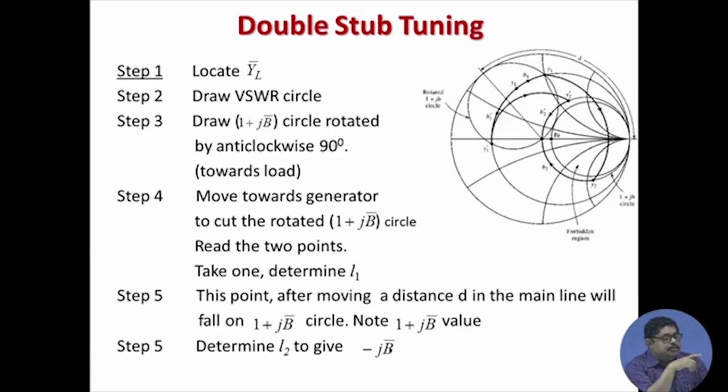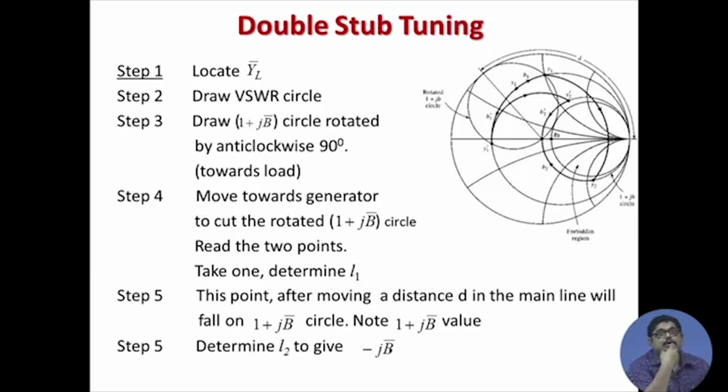This point after moving a distance d in the main line will fall on the 1 plus jB circle, note the 1 plus jB value. So, your second stub will be the compensation of this jB, that means the susceptance will be minus jB.